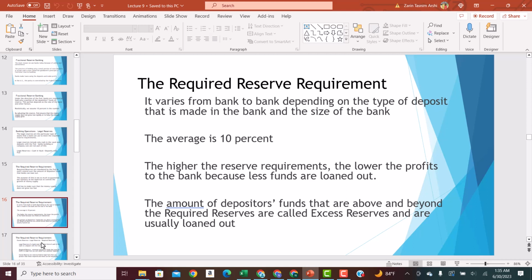It will also depend on the type of deposit, if it's a savings account or a checking account. It usually runs around 10%. The higher the reserve requirement, the lower the profit for the bank because they can loan out less money, and then also the less money supply in the economy.